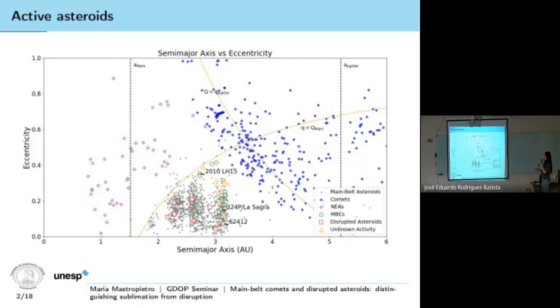And in the main belt, we see in green main belt comets, including LH15 and 324P. LH15 is in the middle main belt, and 324P in the outer main belt. Then in red, disrupted asteroids, including 62412, located in the outer main belt. And in yellow, active asteroids, for which we do not know the activity.